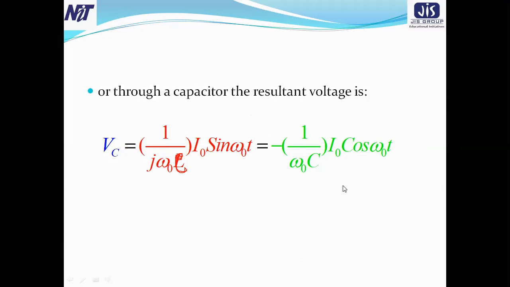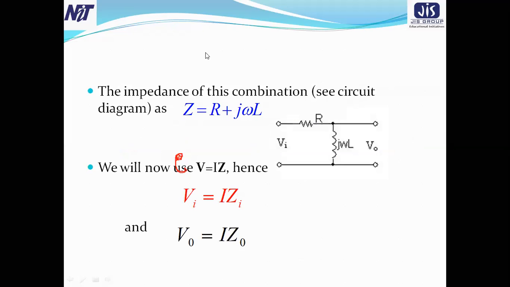Now, if you consider this simple circuit, what can you find? Here we have a supply voltage Vi and a voltage at the load, V0. This is the resistance, this is the inductor, and this is V0.